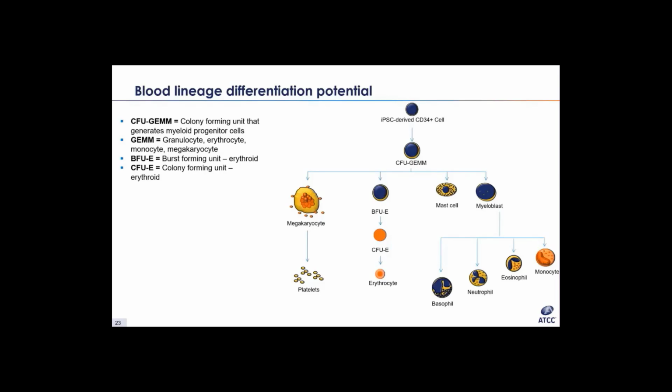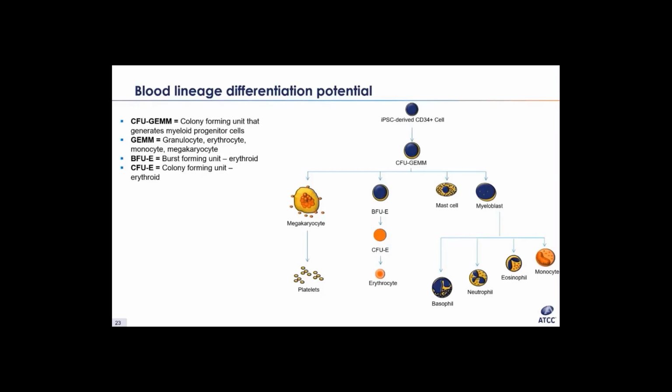When incubated with the appropriate media, iPSC-derived CD34 positive cells differentiate into colony-forming unit that generates myeloid progenitor cells, aka CFU-GEMM. The GEMM, by the way, stands for granulocyte, erythroid, monocyte, and megakaryocyte.